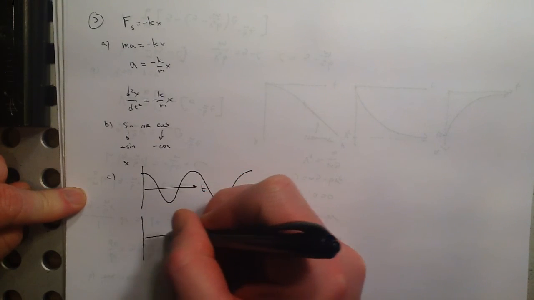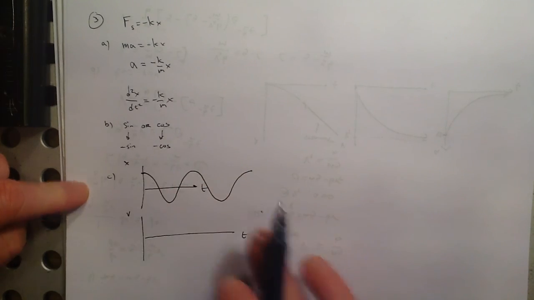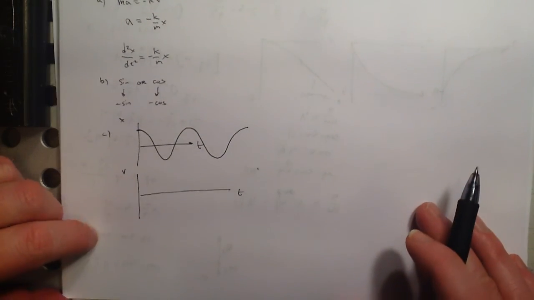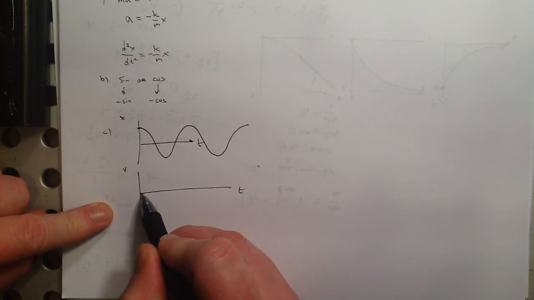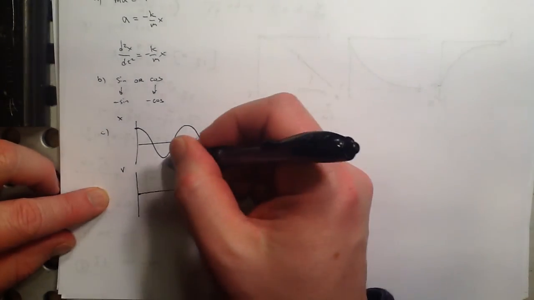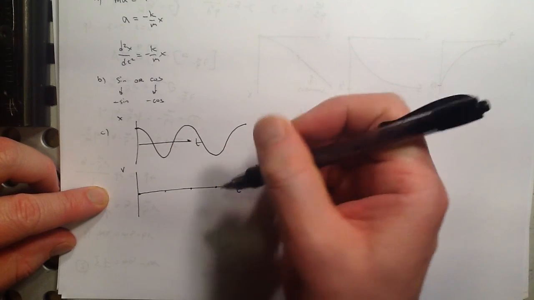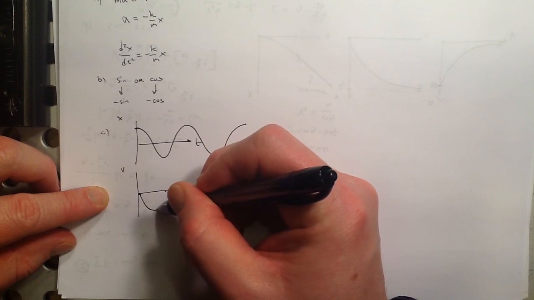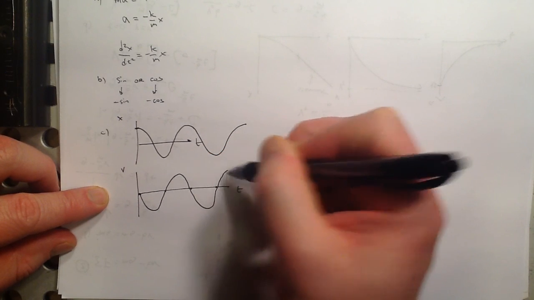And then the velocity versus time graph, I'm not scaling any of these, they're just sketches. The velocity would be the derivative of that, which starts out at 0 and then goes negative, and then it's 0 here, and it's 0 here, and it's 0 here, and it goes negative first, then positive, and then negative, positive, and so on.